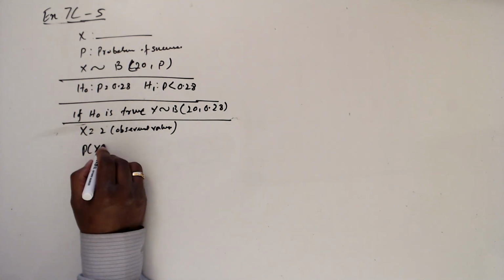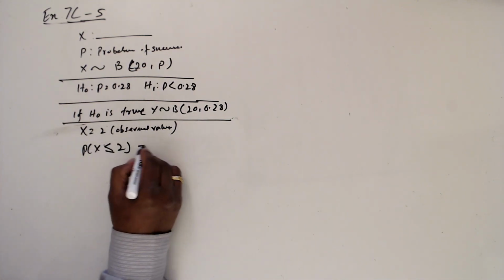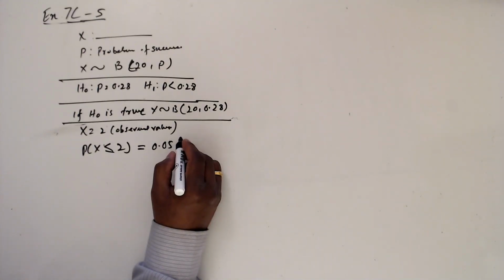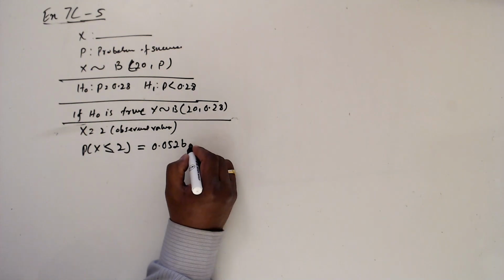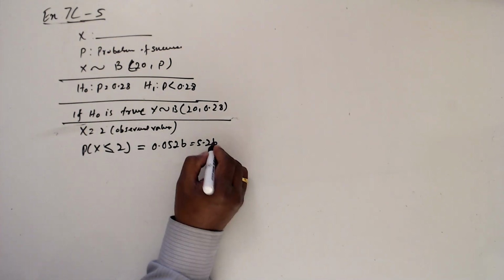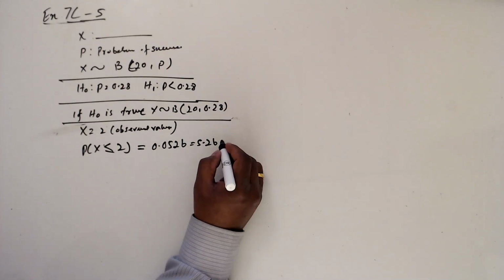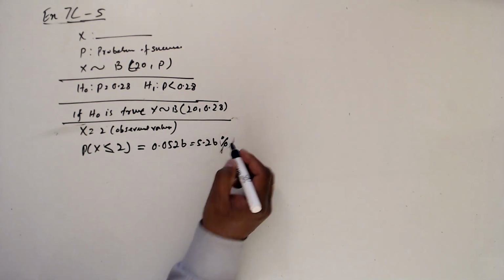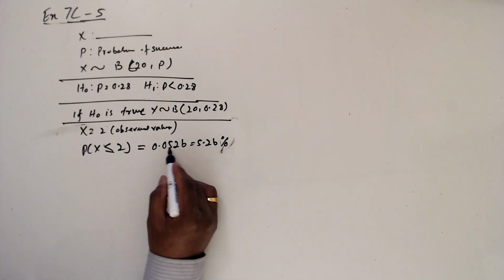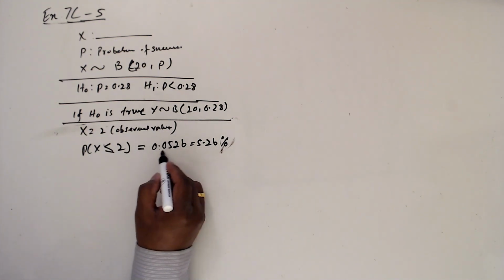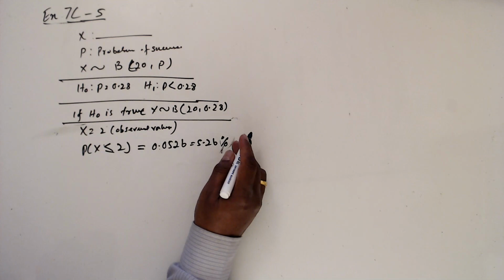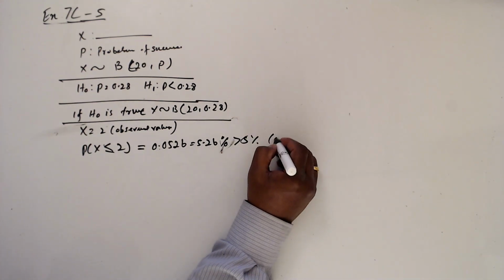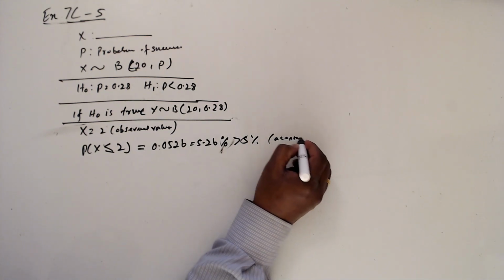Probability of X less than or equal to 2 is 0.0526, which is 5.26%, greater than 5%, and this is an acceptance.